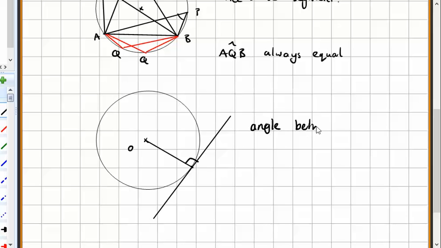So the angle between, we'll call that point P, between the tangent and its normal is 90 degrees. So that's not obviously an angle with the curve of the circle, it's an angle between those two straight lines.